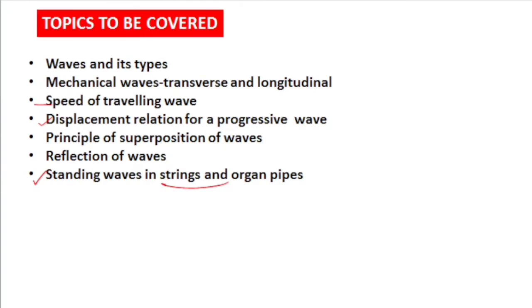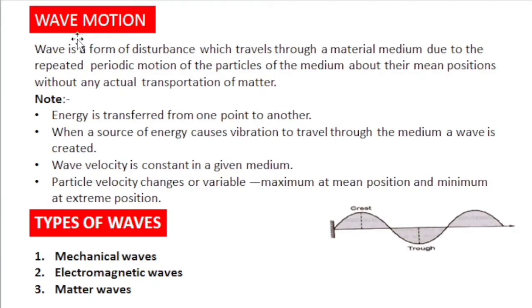Let us start first with what we mean by waves or wave motion. A wave is nothing but a form of disturbance which travels through a material medium due to repeated periodic motion of the particles of the medium about their mean position, without any actual transportation of matter. Suppose a disturbance is created at this point. Now, at this point, the particle starts vibrating about its mean position.